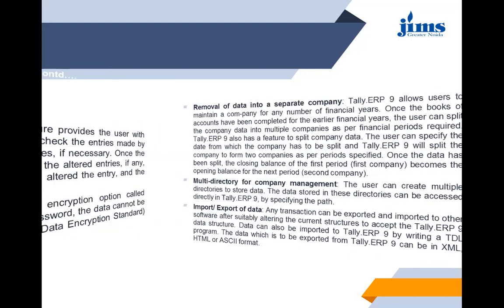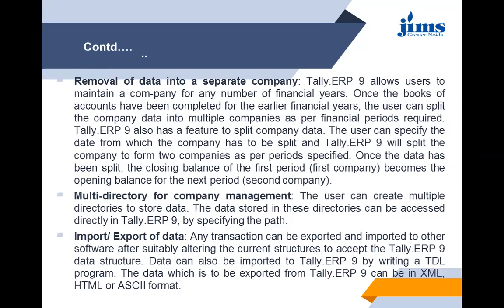So next is removal of data into a separate company. Tally ERP9 allows users to maintain a company for any number of financial years. Once the books of account have been completed for the earlier financial year, the user can split the company data into multiple companies as per the financial periods required.